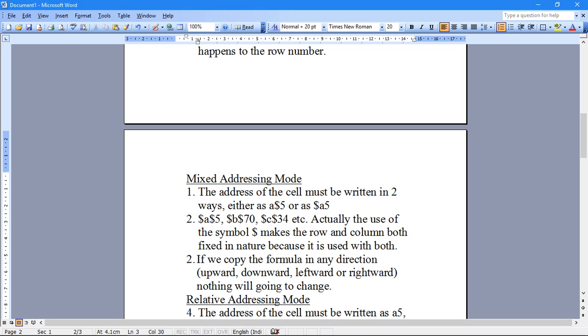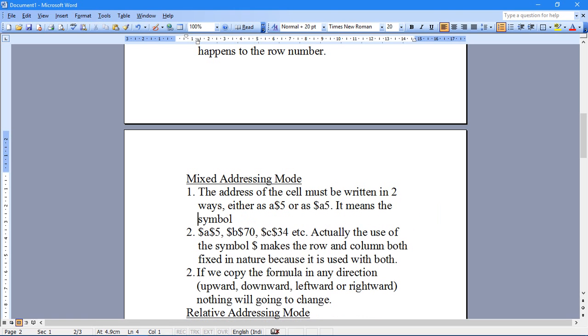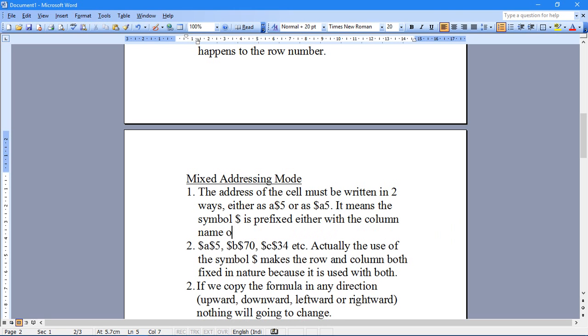It means the symbol dollar is prefixed either with the column name or with the row number.